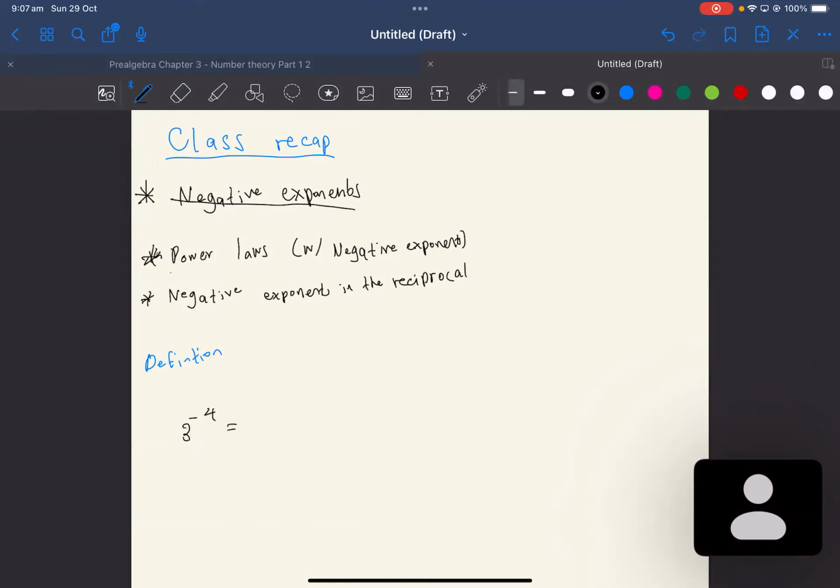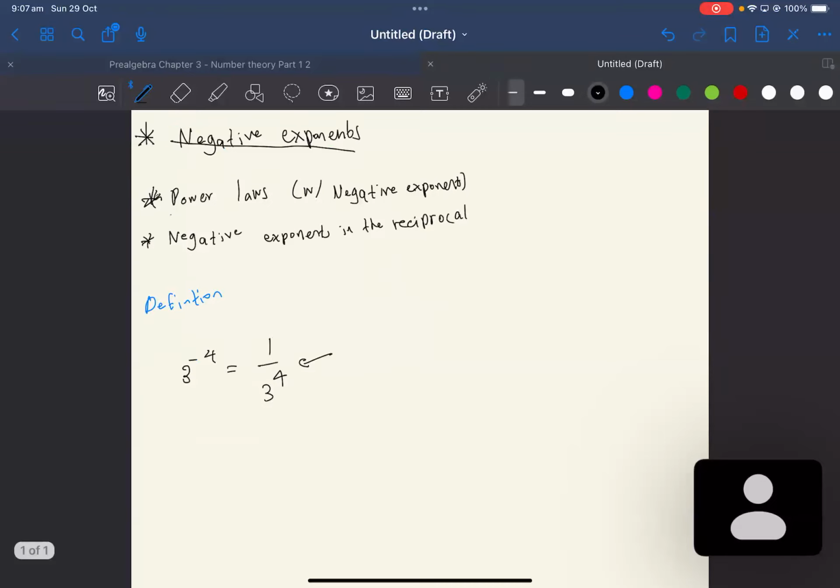So I think you all got it. That's very good. This is the key idea behind negative exponents: we don't really know what they are initially, so we define them in terms of positive exponents so that we can easily deal with them. Now we know it's 1 over something, and we can find out what 3 to the 4 is.